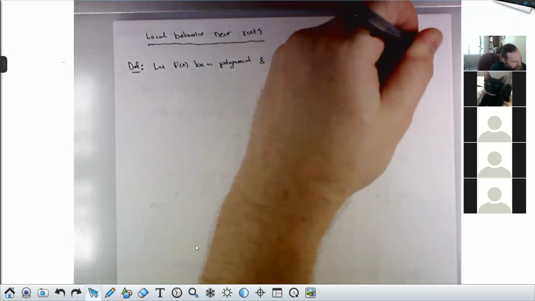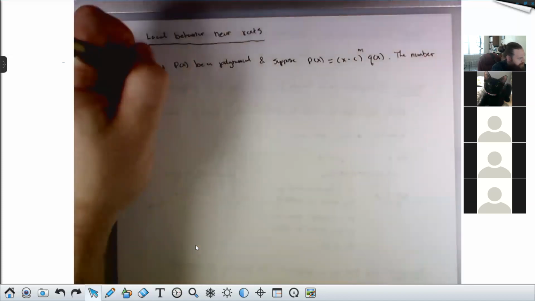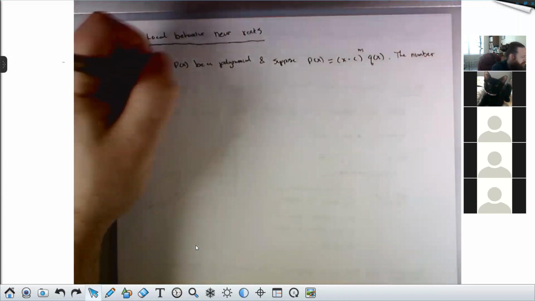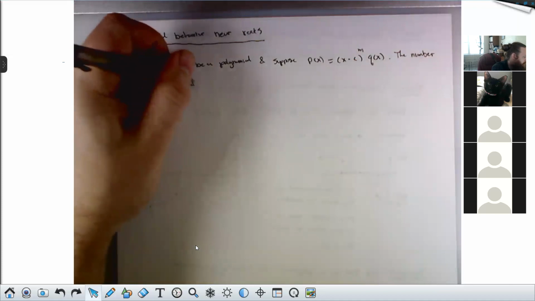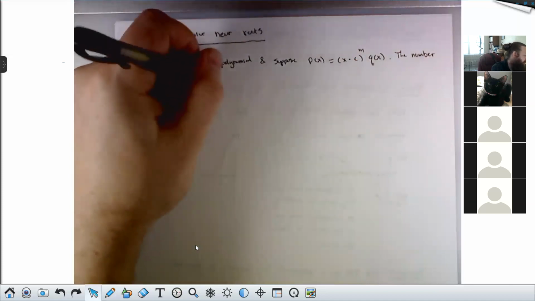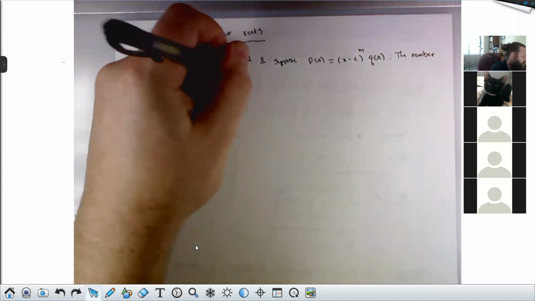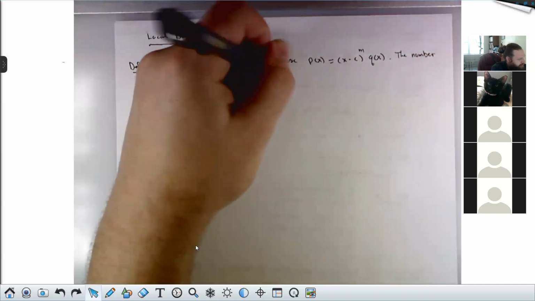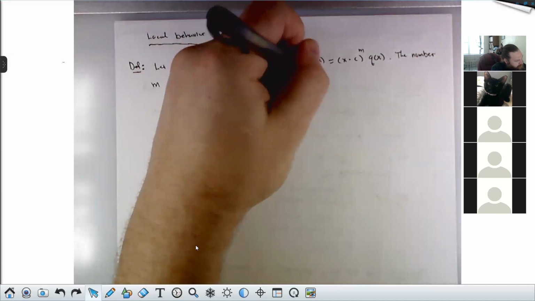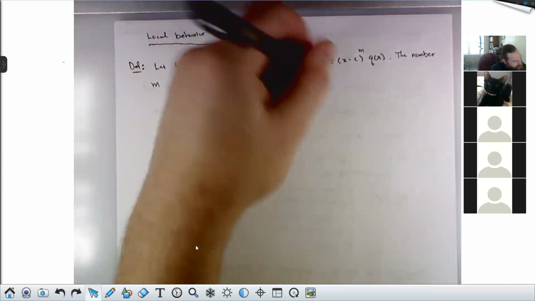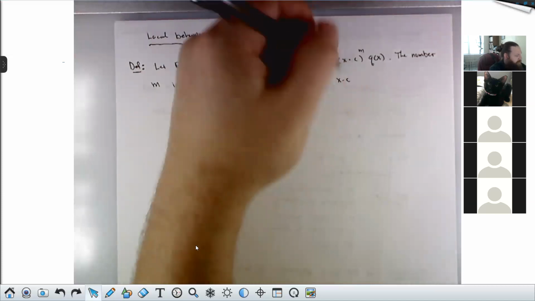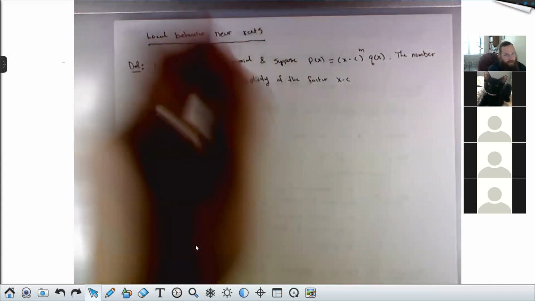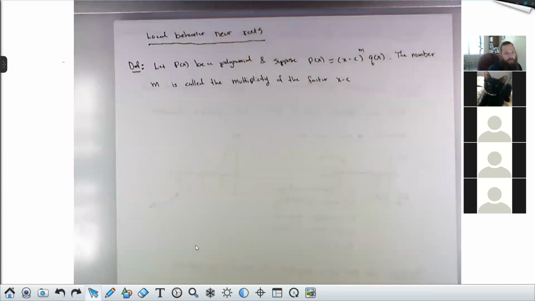The number m is called the multiplicity of the factor x minus c, or sometimes the multiplicity of the root c.